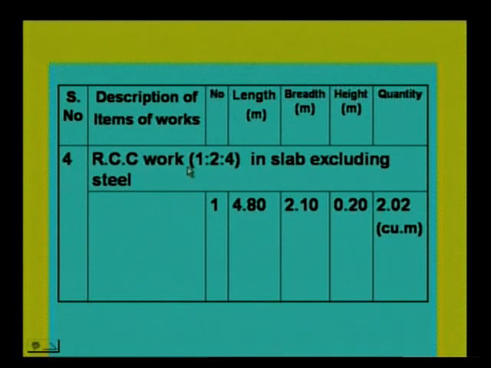The next, RCC work with 1:2:4 in slab excluding steel. So the quantity of cement concrete is calculated for the slab. The slab is one number. The length is 4.8, the width is 2.1 and 0.2 is the height, that means the thickness of the slab. So the quantity is 2.02 cubic meters.